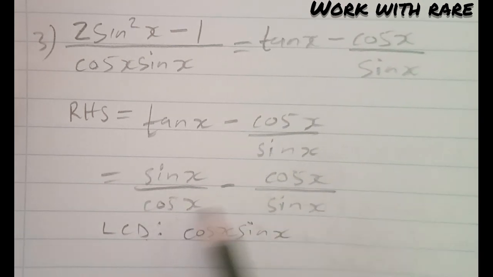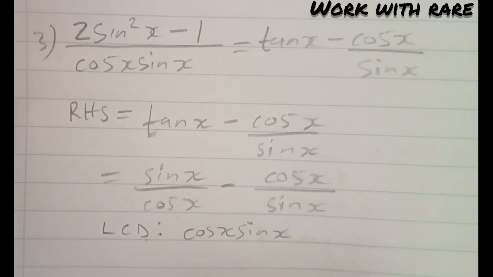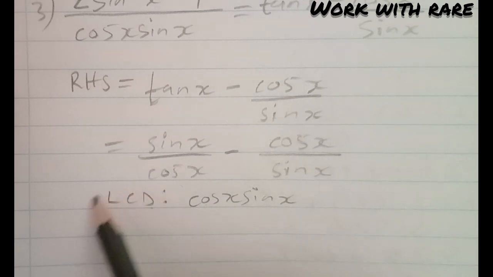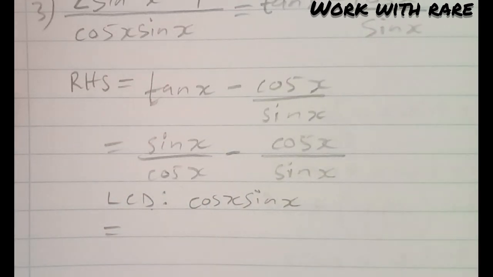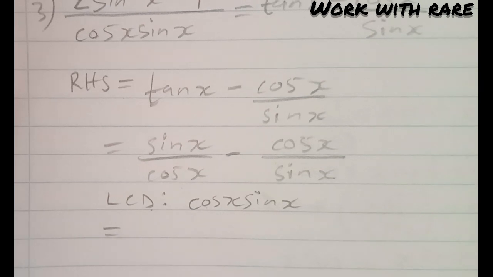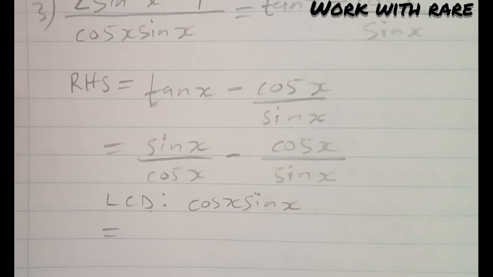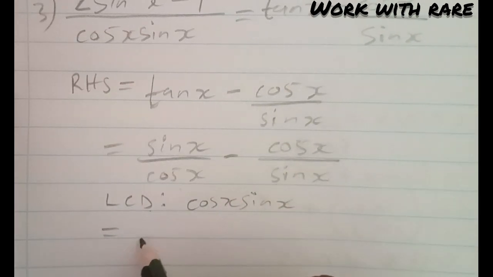There is no need to show this on your question paper, but you can show it. Once you write it in the denominator, you already show the marker that this is our LCD. But it is very important to know it.